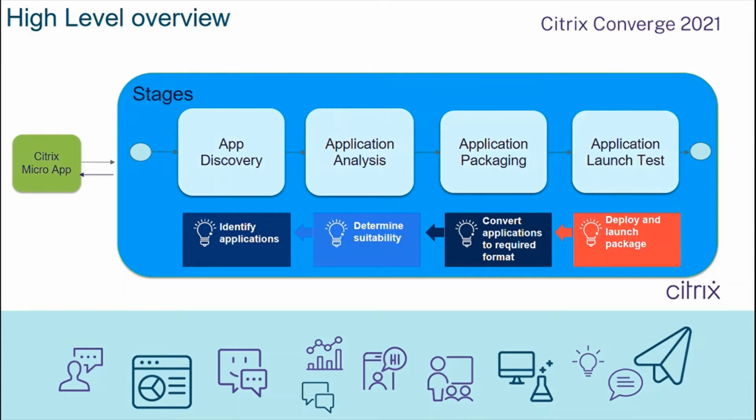Based on the requirements gathered during the application discovery stage, the tool will convert the MSI application or exe application to MSIX format using the MSIX packaging tool, which is provided by Microsoft. The whole process is automated using the delivery pipeline.